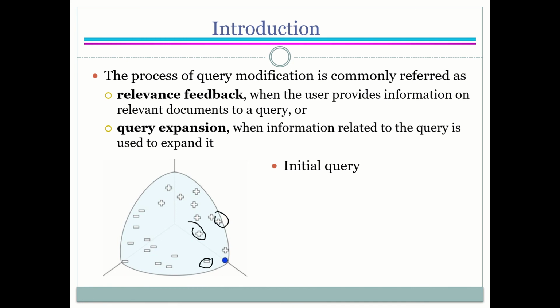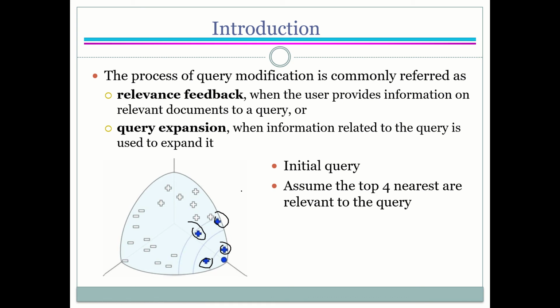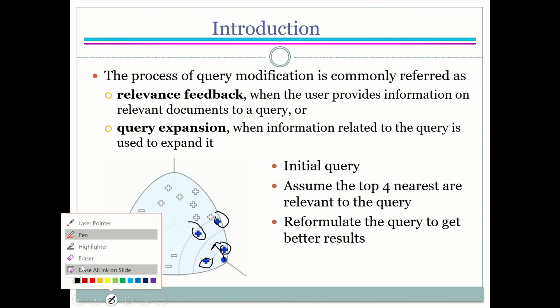We assume they are relevant to the query. So when we move our query to this position, because this is the center of all these 4 documents, we are basically reformulating the query to get a better result. So at the end we will have something like this.